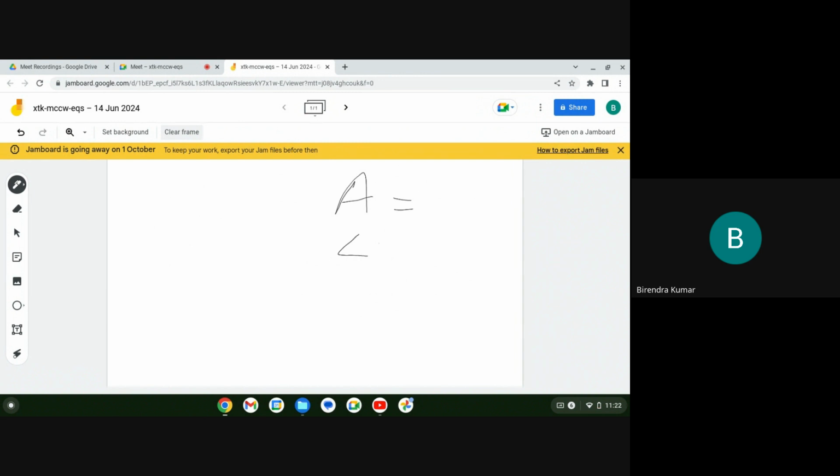I don't know how much is one side, how much the other side. I just know the sum of these two sides. So let's say this side is 10 or 12 centimeters, the angle is 50 degrees, and the sum of the other two sides is 20 centimeters. How will you draw the triangle?